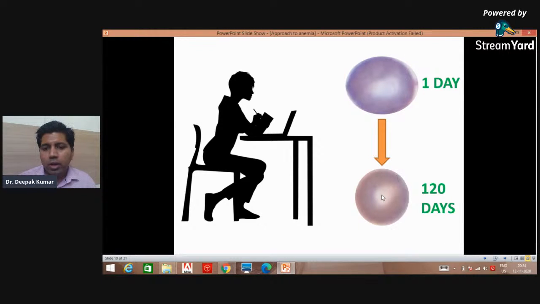The percentage of loss should be equal to the percentage of gain on any given day. So how would you get that? This is the daily replacement value. If you take the 120 days, every day RBCs are produced, every day reticulocytes are produced one day prior, and on the 121st day they are dying. So the daily normal replacement would be 0.8%.